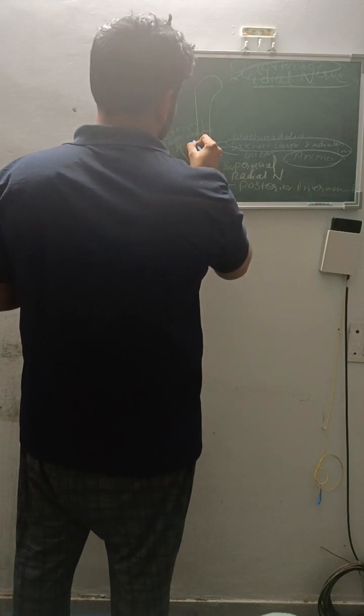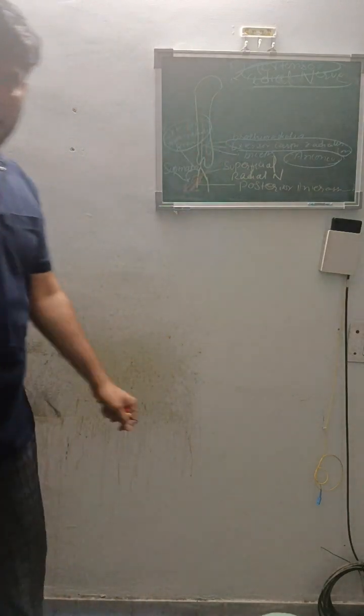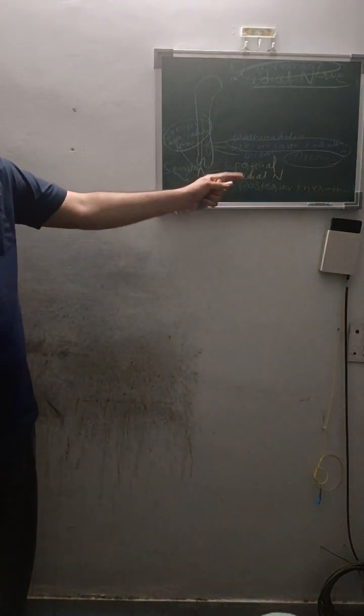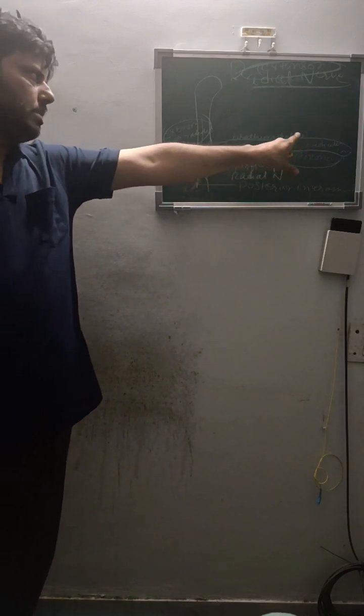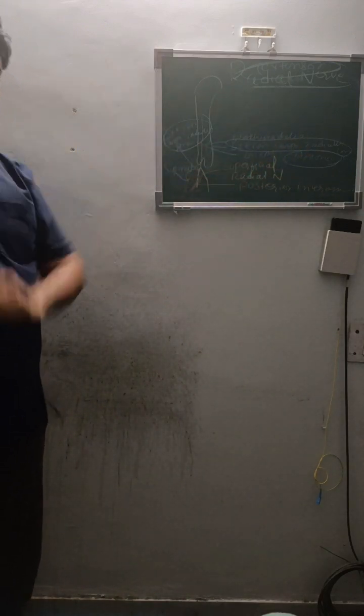Up here it supplies extensor carpi radialis longus, brachioradialis, biceps brachii, and anconeus.